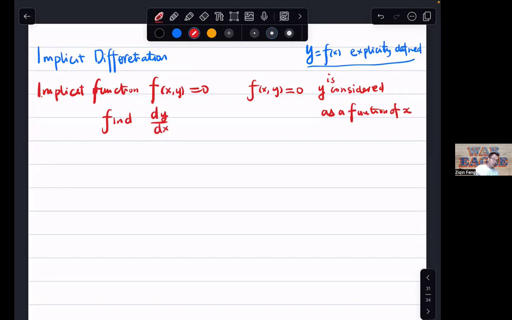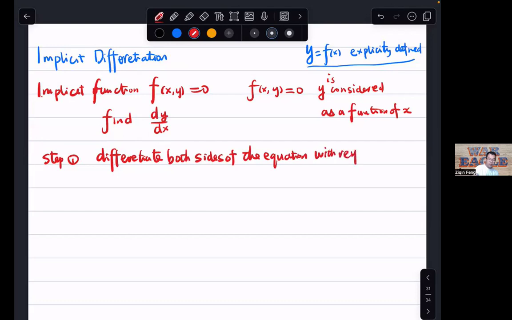Let me write down the steps. Step 1 is to differentiate both sides of the equation with respect to x.